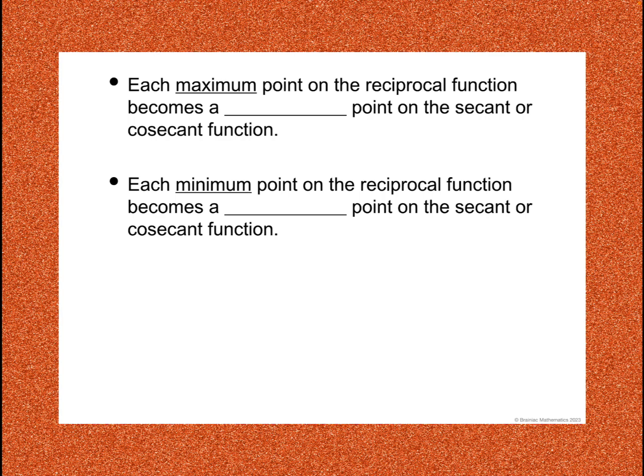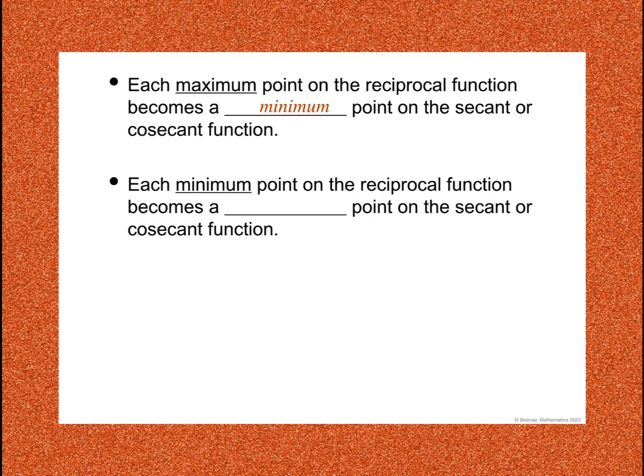Each maximum point on the reciprocal function will then become a minimum point on the secant or cosecant function. This is because they are reciprocal functions of each other. So if you're looking at the sine function, anywhere that you have a maximum point, the graph curves down from that point.